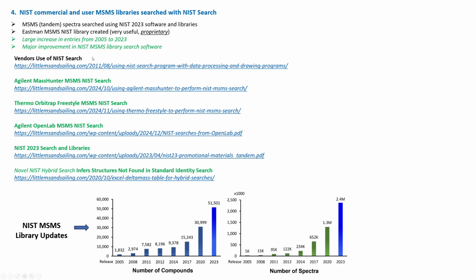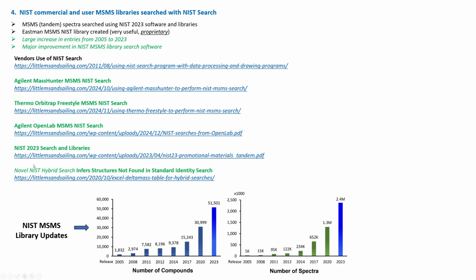And the vendors can use this NIST search within their software, and this is made easily done by NIST sharing this note here that tells them how to do it. Agilent does a very good job. Thermo does a very good job. Agilent, even with their OpenLab, does a good job. But the main thing has been the ability to search more and more entries of a very high quality database and create your own libraries.